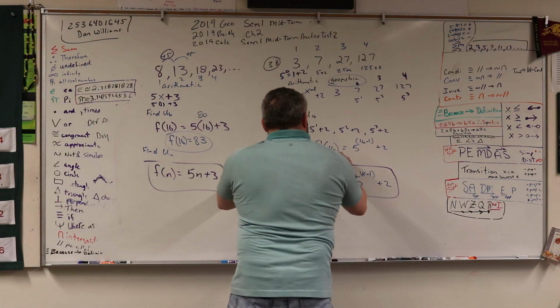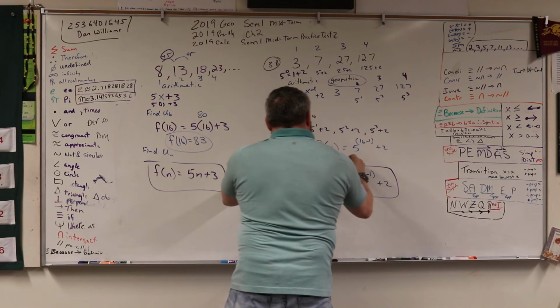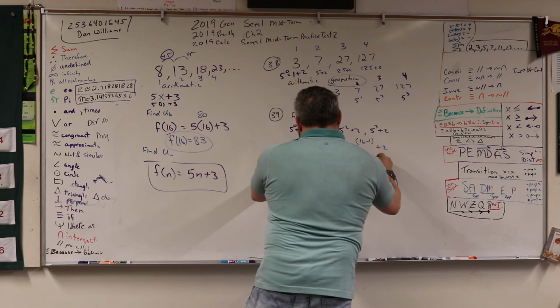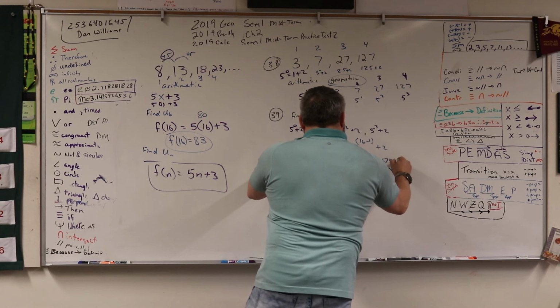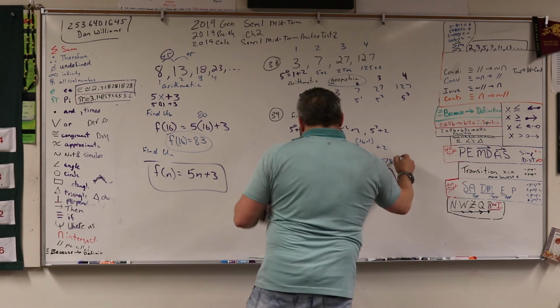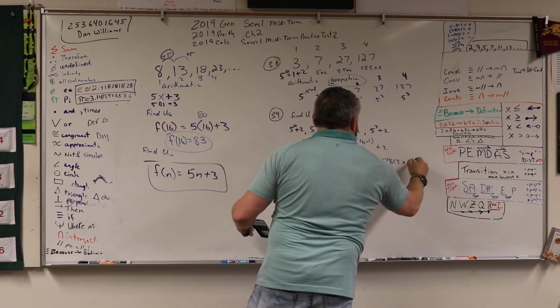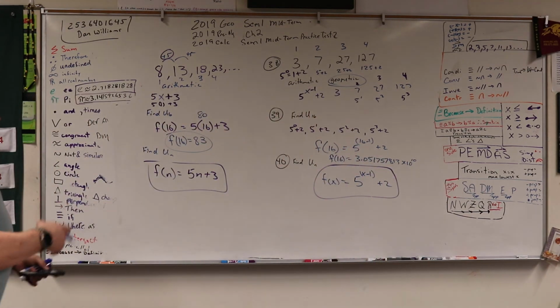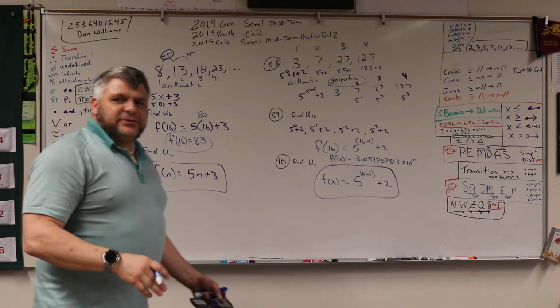So it looks like f of 16 is equal to 3.051757813 times 10 to the 10th power. That means it's 10 decimals over.